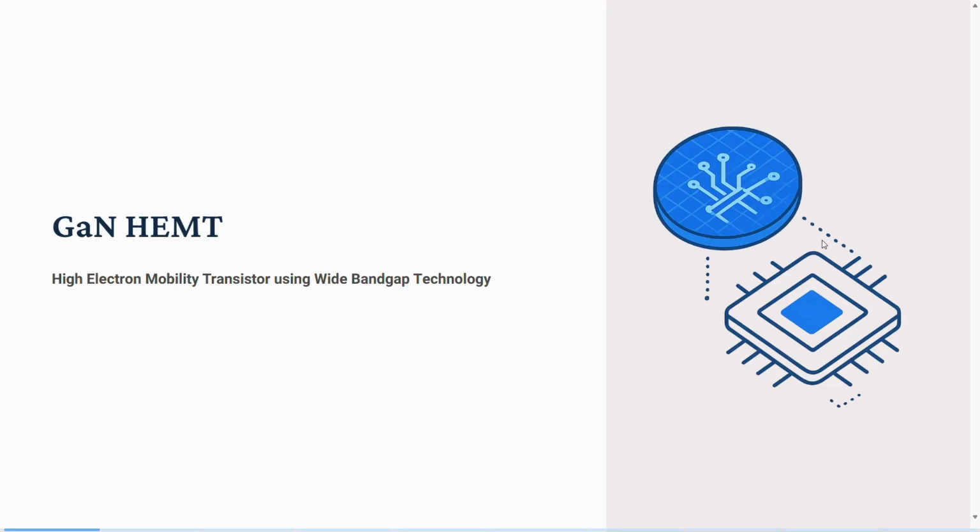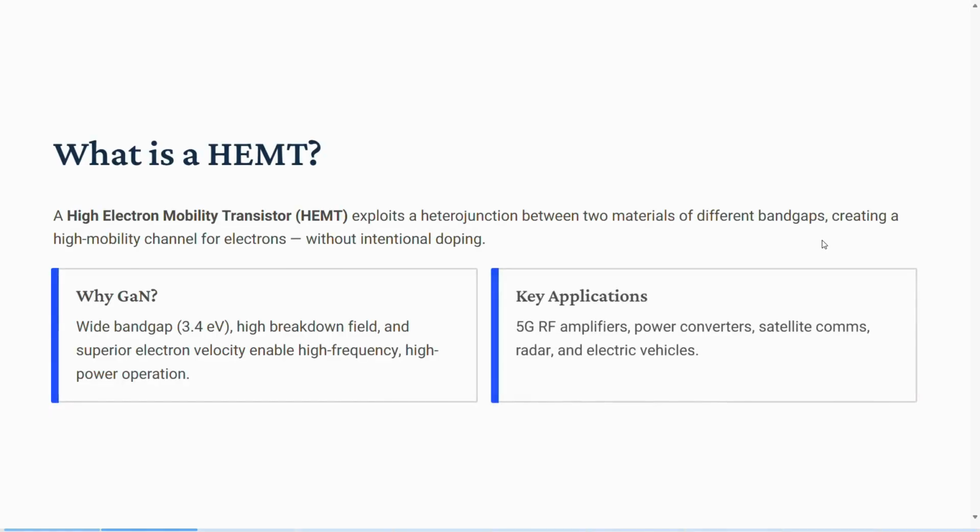Let's begin with the concept. What is HEMT? A high electron mobility transistor, a field effect transistor designed for high speed and high frequency operation. Unlike conventional FETs, which use a single material, HEMT uses a heterojunction, meaning two different semiconductor materials are combined.